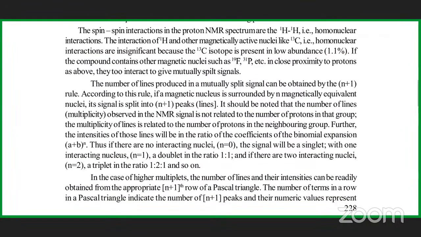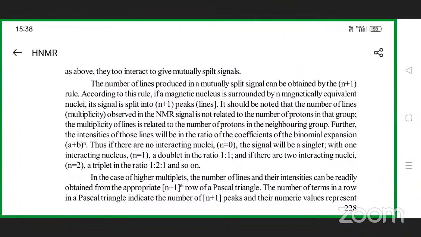And now, how to calculate the multiplicity. You can see the multiplicity here, by the n plus 1 rule. That gives the multiplicity, and then the intensity of the multiplicity. For example, if you get a doublet, what is the height of those two lines in the doublet, and in triplets?